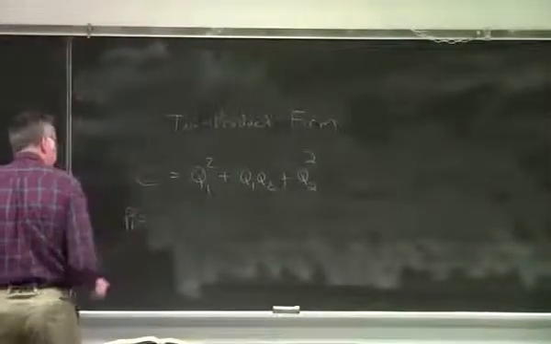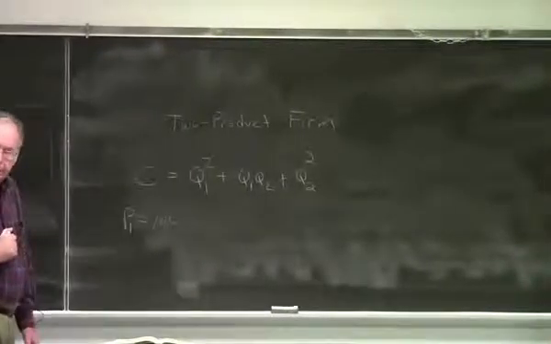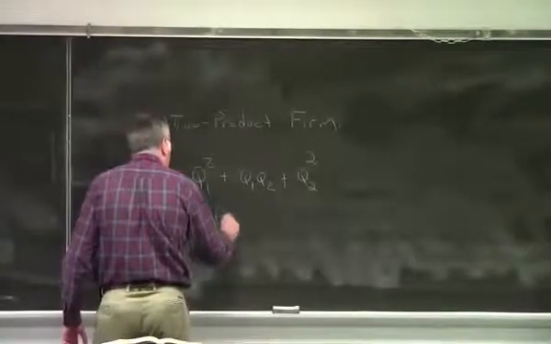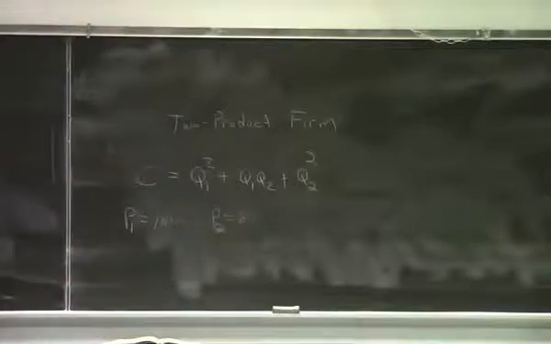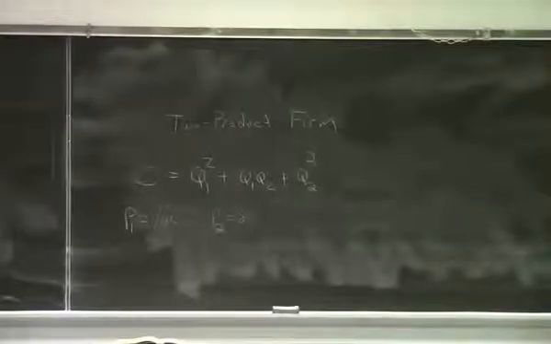So the price of product 1 is $100 per unit. The price of product 2 is $80 per unit, and it can sell as many units of product 2 as it likes at $80 per unit. Okay. Now the question is, how much of product 1 and product 2 should this firm produce?